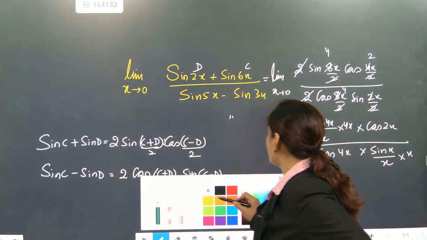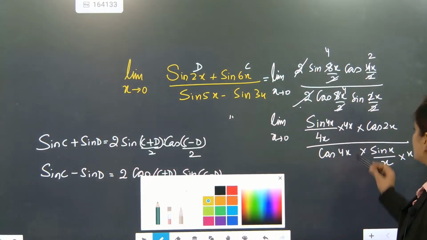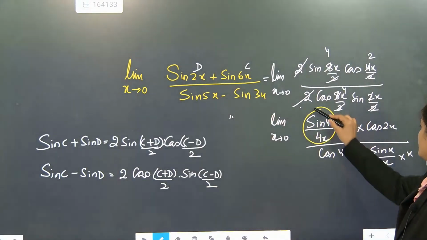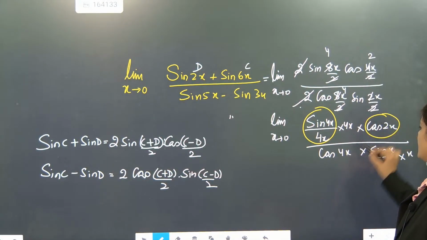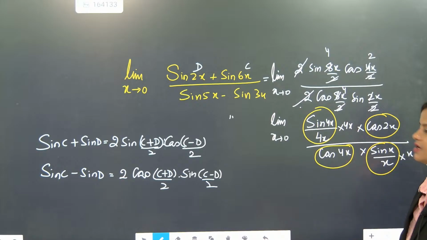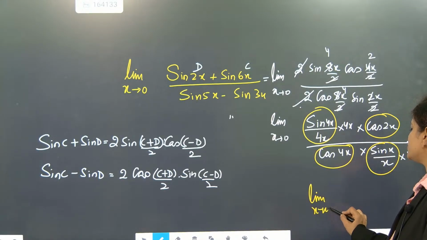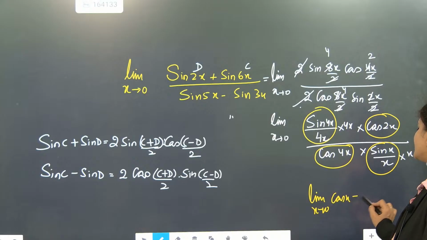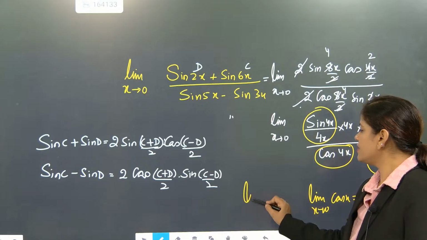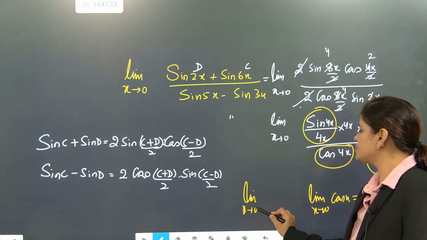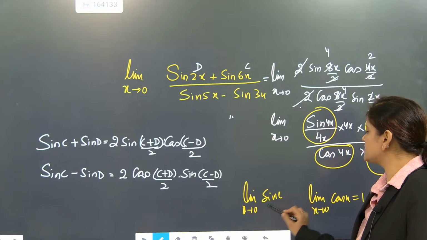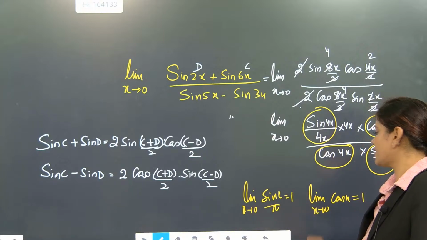Now which all will become 1? You check this one out. This part will become 1. This part will become 1. This part will become 1. And this part will become 1. Because limit x tends to 0, cos of x is 1 and limit x tends to 0, sin x by x is equal to 1.